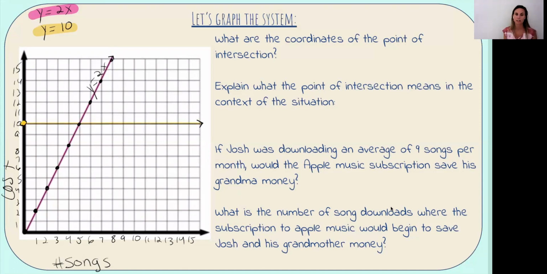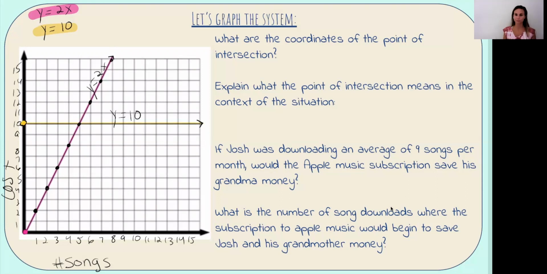Another thing that has to do with the situation is time, because it's $10 per month, but we don't have to worry about that because when we see this, we will get all the information we need. So that's that. Let me make sure I color the y-intercept for the pink line, because I get a little obsessive with my colors. Oh, and I almost forgot again to label this line.